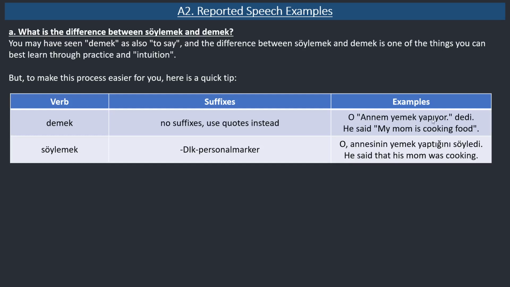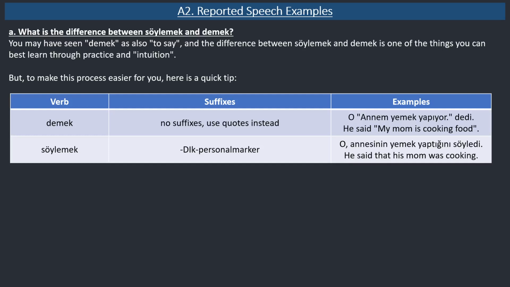Instead of quoting this, annem yemek yapıyor, we change it into this. Annesinin yemek yaptığını söyledi. We changed the annem part into annesinin because my mom becomes his mom, and yapıyor is a full conjugation. We change it because there cannot be two conjugated verbs, like söyledi is already here. We need to add the dığını suffix, and of course it becomes tığını.